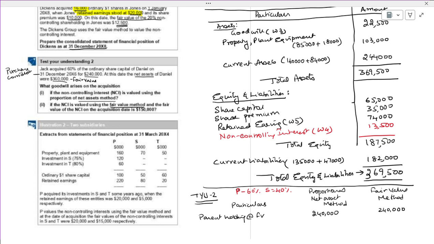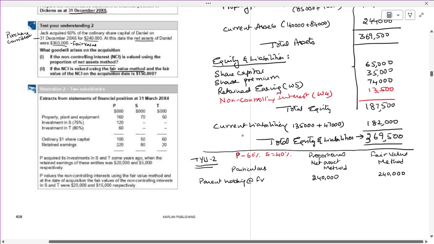They gave 360. Now, the parent holding at fair value.